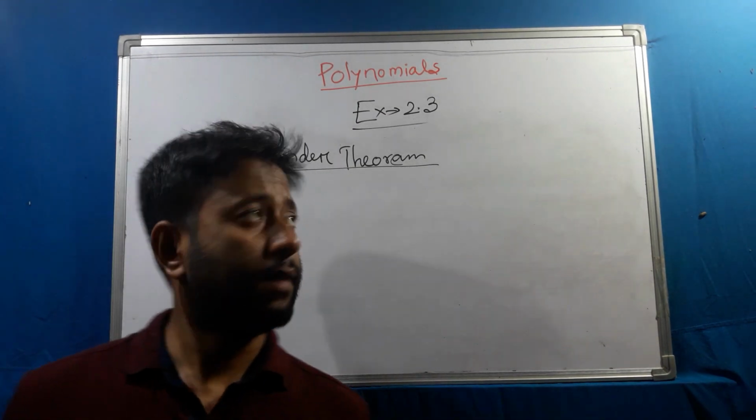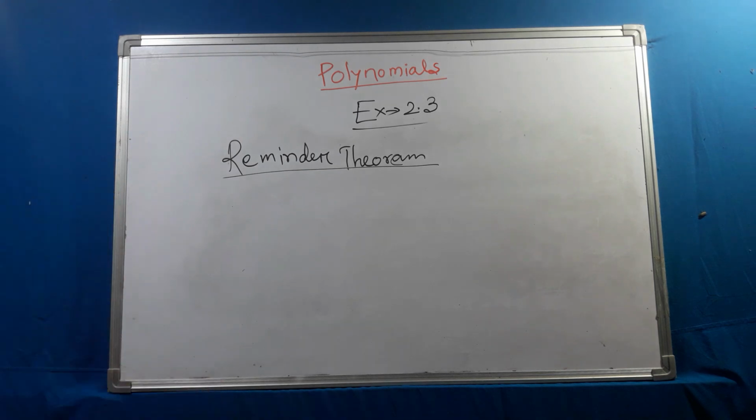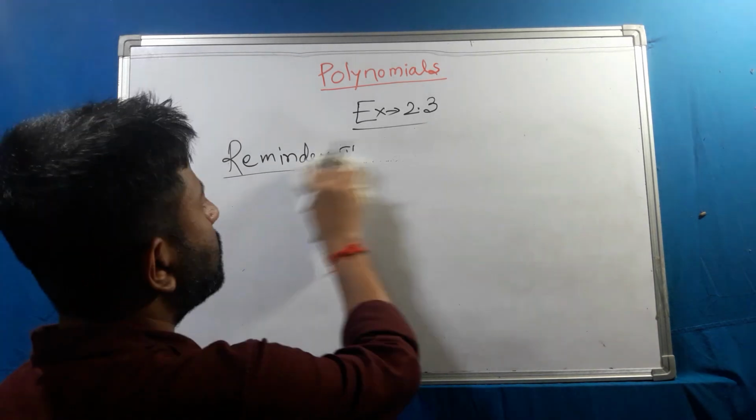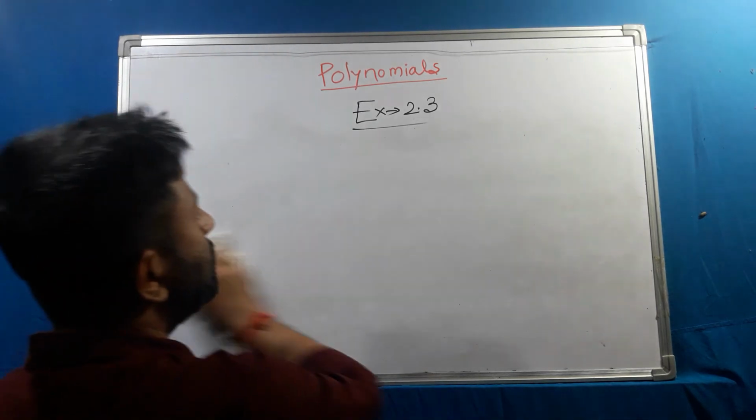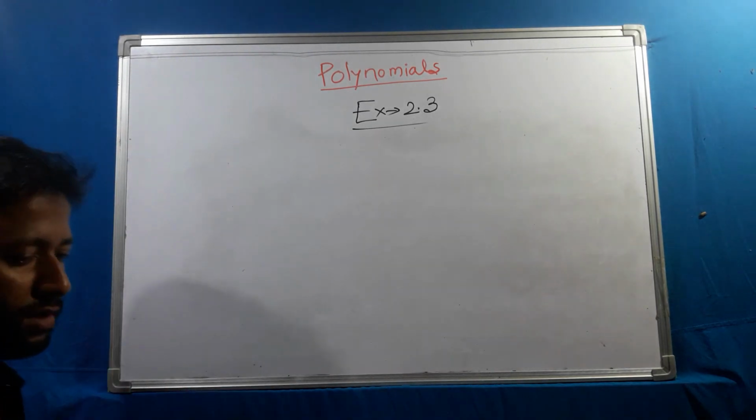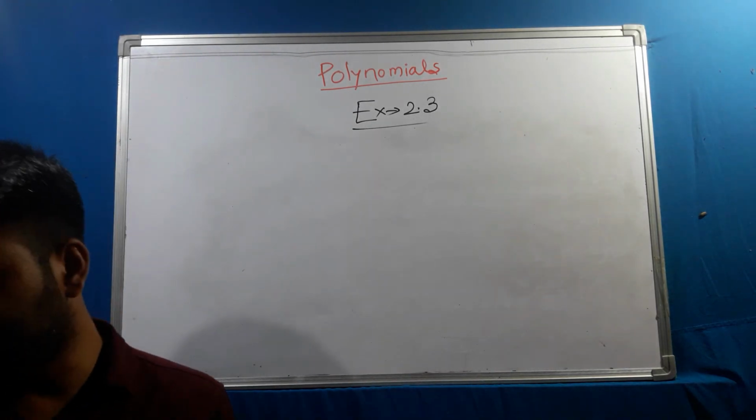Exercise 2.3. The first question is that we have to find the remainder. If we want to find the remainder, the first method is the division method.